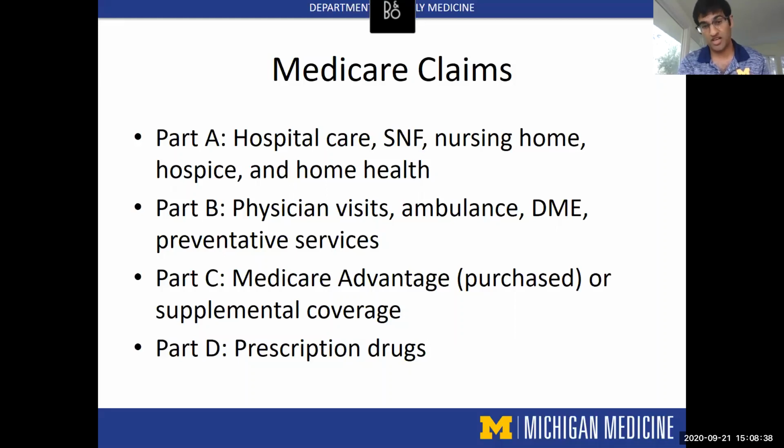I'm going to skip to Part D, which is really prescription drugs. And then Part C is where you buy supplemental coverage, like a Medicare HMO or some kind of gap coverage that is usually not addressed with Medicare fee-for-service. So you can think of Part A and B as fee-for-service.